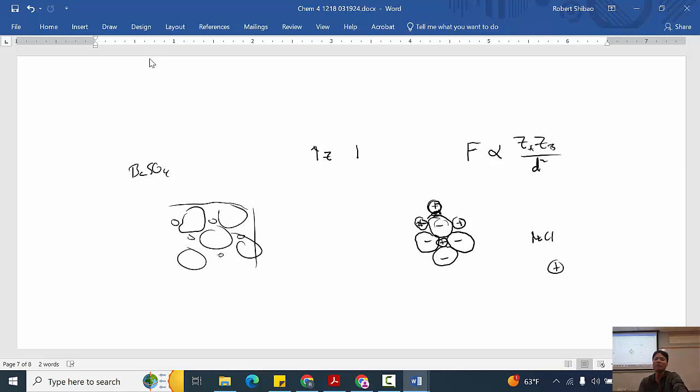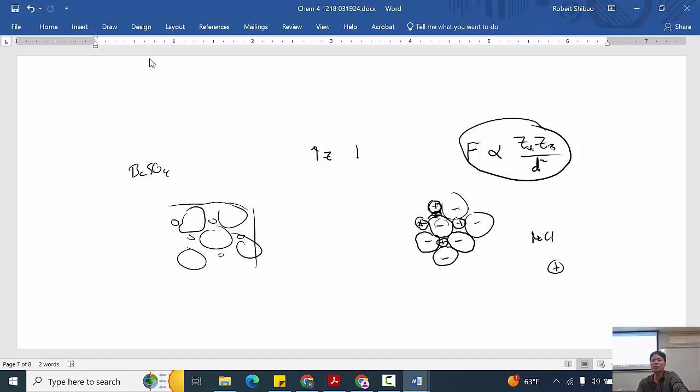And so for sodium chloride, we can fit 6 of the opposite around it, and therefore we build up a lattice like this. Now, what holds the lattice together? What holds the lattice together are Coulombic or electrostatic attractions. And so it's related to the charge and the distance between the center of the charges.